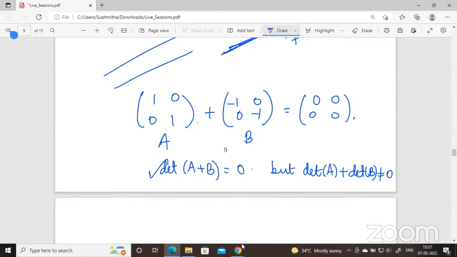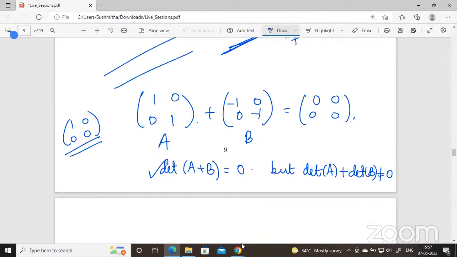And another part, when you talked about A square equals A, when the square matrix A squared equals A, ma'am, is it possible for every condition or just for an identity matrix? No, why? A squared equals A, with matrix 1, 0, 0, 0. So this A squared is A. Yes, ma'am.